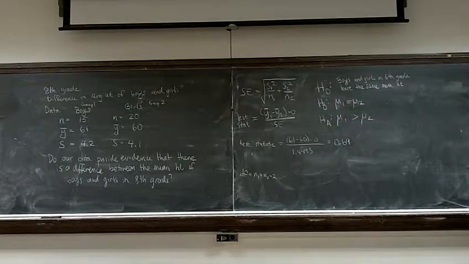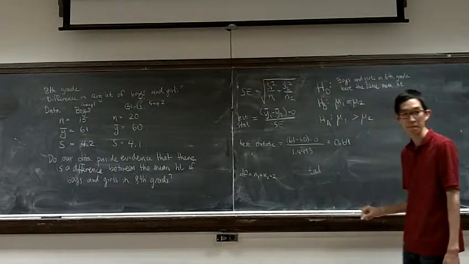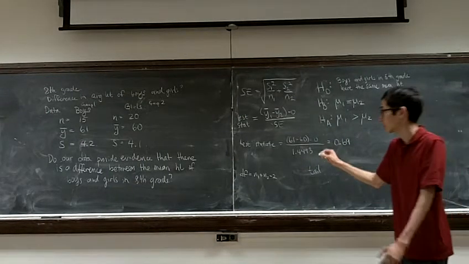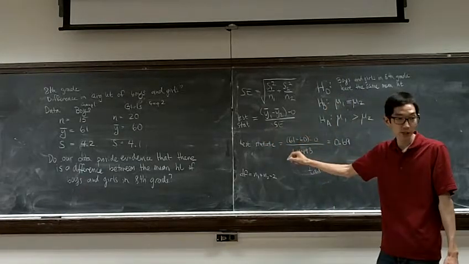Okay. Alright, and then when I look that up, how much do I have in my upper tail probability? Well, how many degrees of freedom would I have? Oh, I didn't tell you how to do this. Oh, okay. So here n1 plus n2 gives me 33 degrees of freedom.